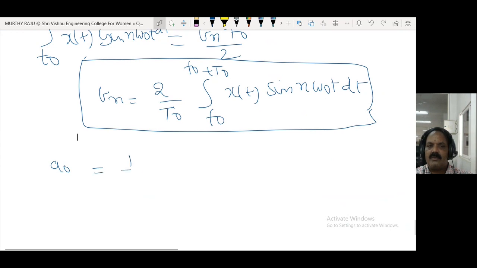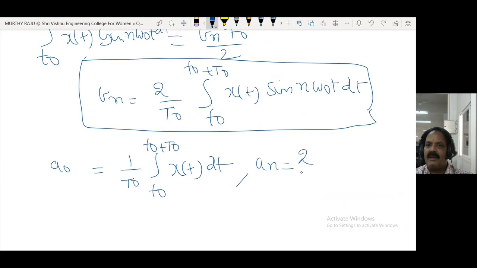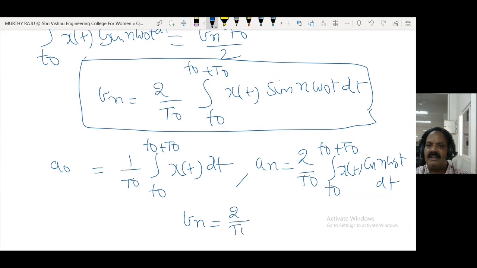A naught is equal to 1 by T naught times the integral from small t naught to small t naught plus capital T naught of x of t dt, and an is equal to 2 by T naught times the integral from small t naught to small t naught plus capital T naught of x of t cos n omega naught t dt. bn is equal to 2 by T naught times the integral from small t naught to small t naught plus capital T naught of x of t sin n omega naught t dt. With this, the derivation is complete.